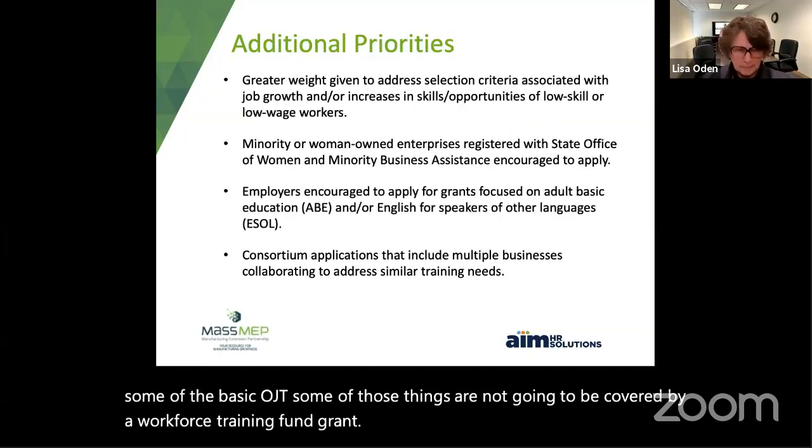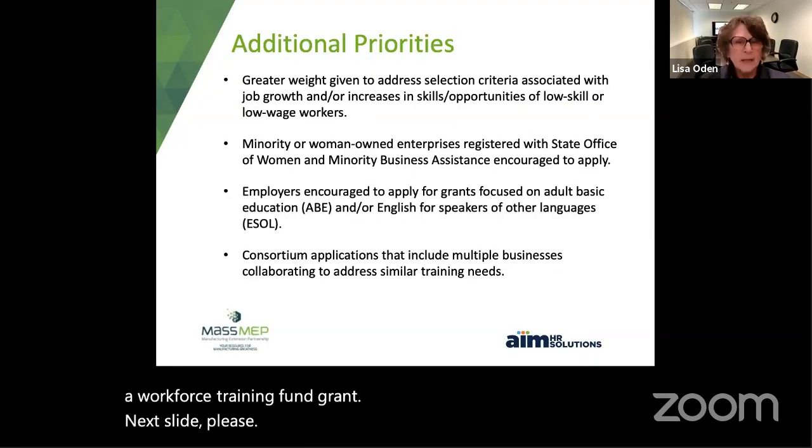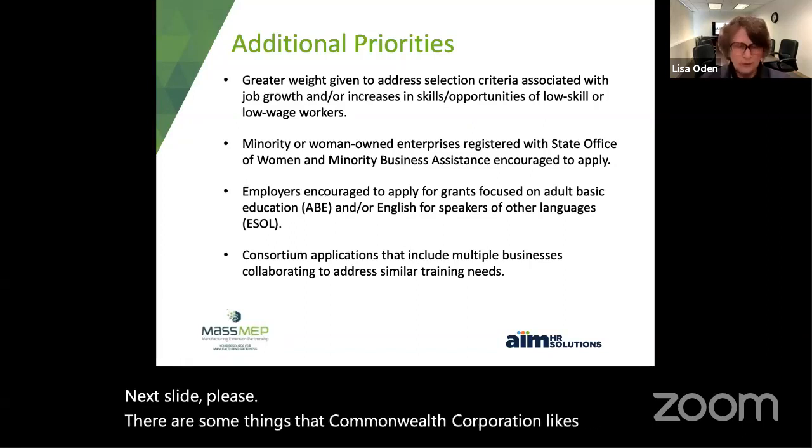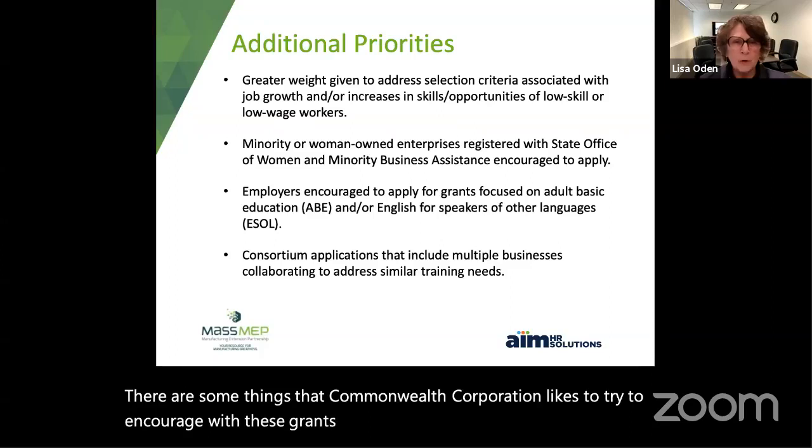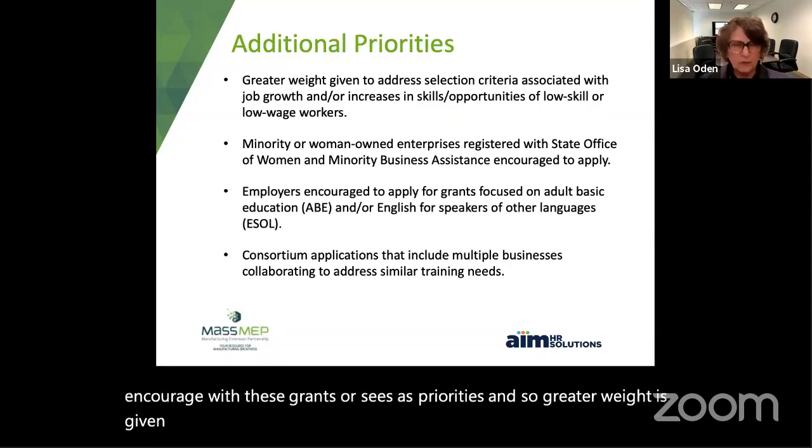Next slide, please. There are some things that Commonwealth Corporation likes to try to encourage with these grants or sees as priorities. And so greater weight is given to these grant applications when they're reviewing them.